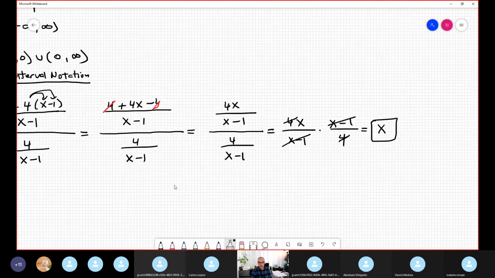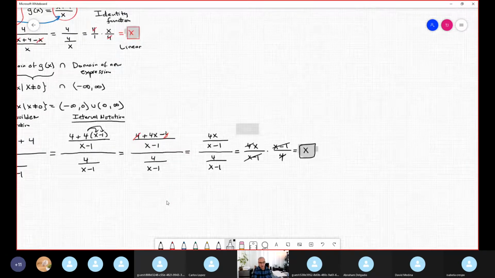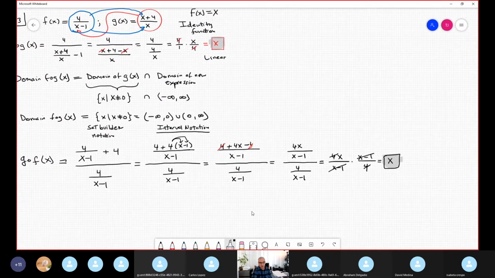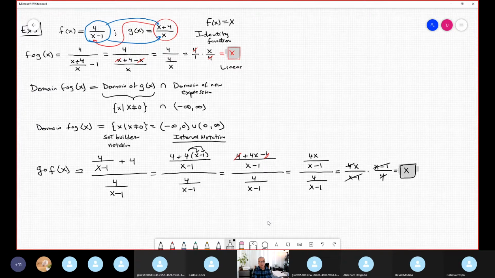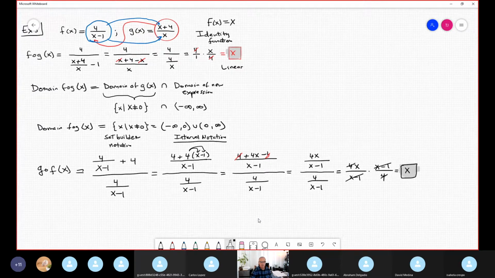So the new expression, in this case, it's a coincidence. In some particular examples it happens, not always. I want to explain in the next chapter, in chapter 2, when this situation happens, that function and that function are inverse functions, so they undo each other.